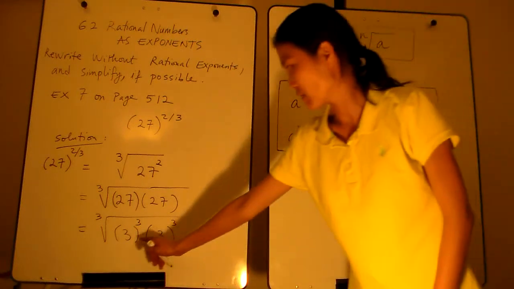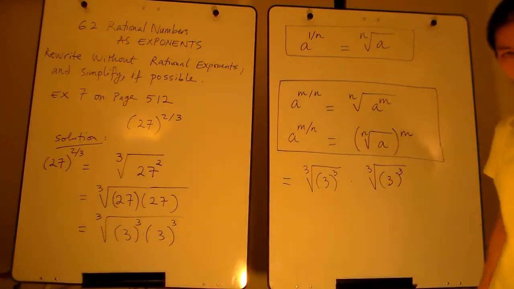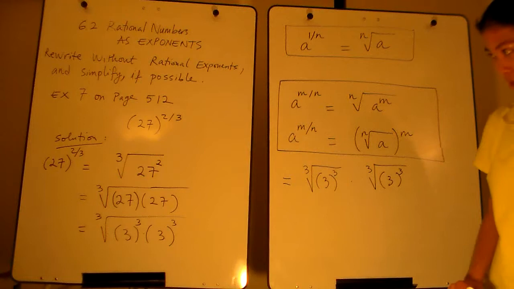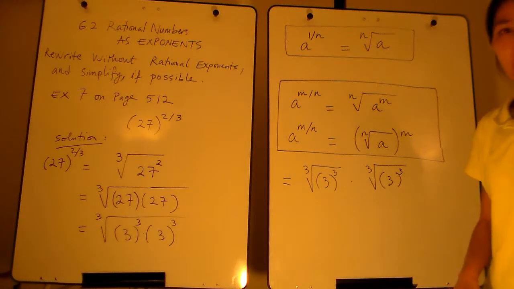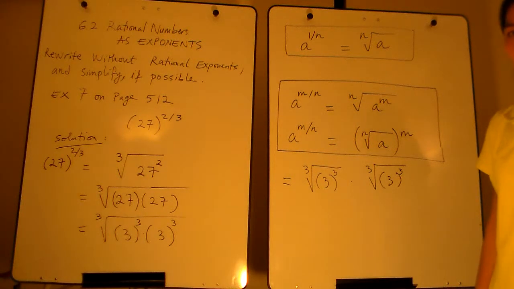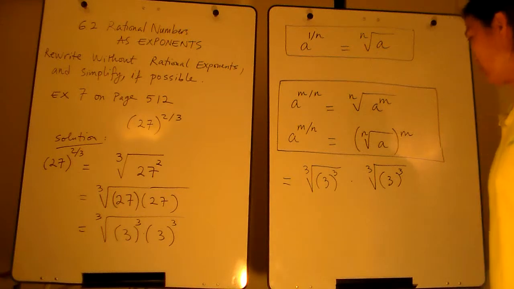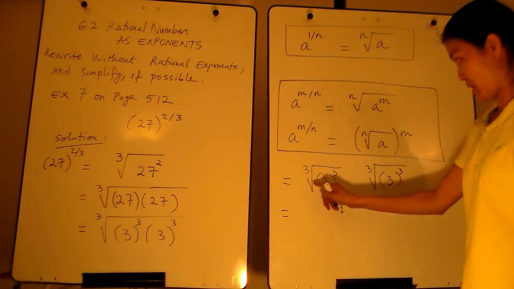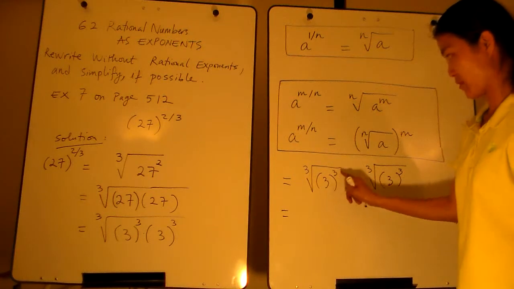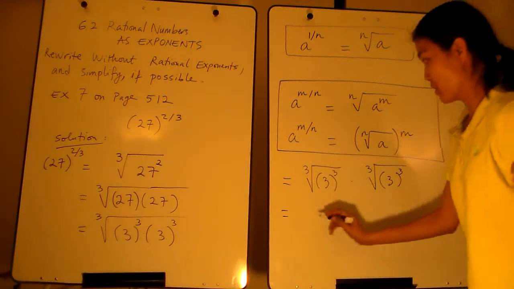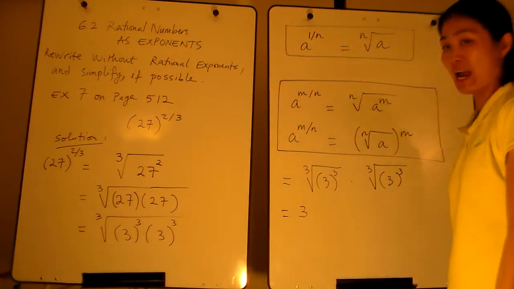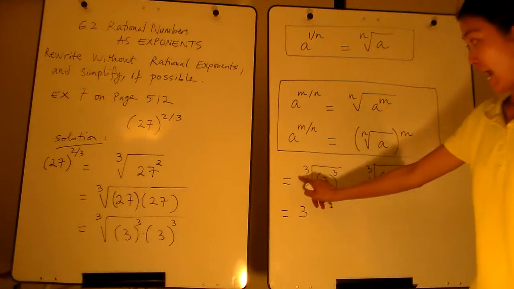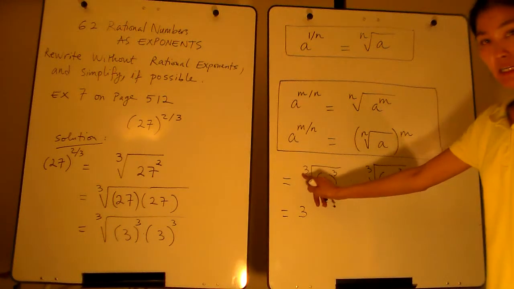If there's multiplication or division, you can split the radical, but if you have addition or subtraction, you cannot. Now, because this is 3 raised to the third power, take the cube root, you get 3 without the absolute value, because the index 3 is odd.